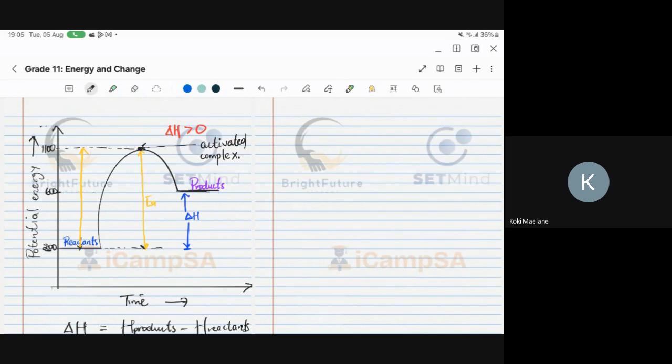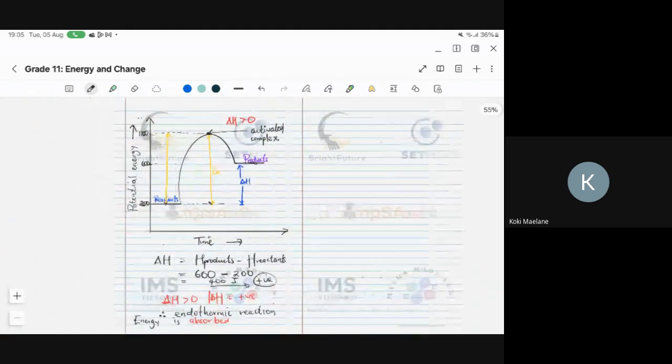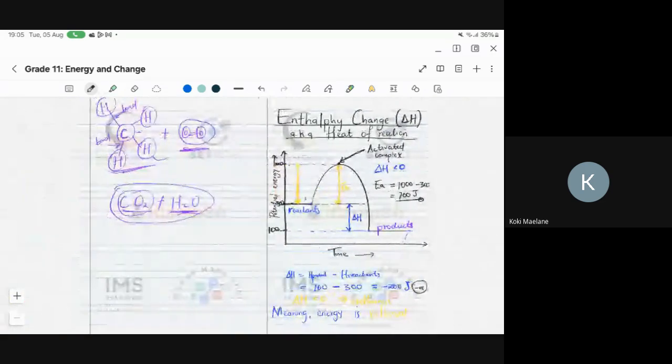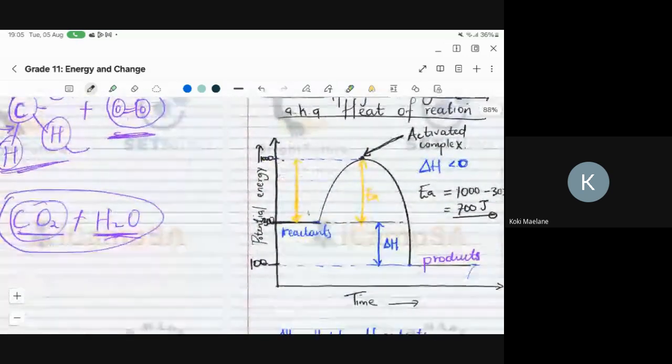So what other reactions typically do is you can reverse a reaction, remember. Some reactions are reversible.